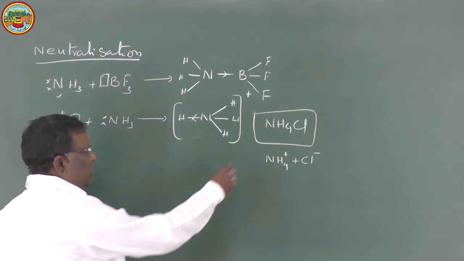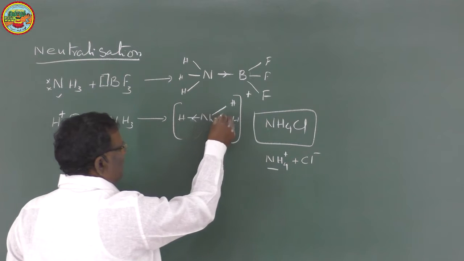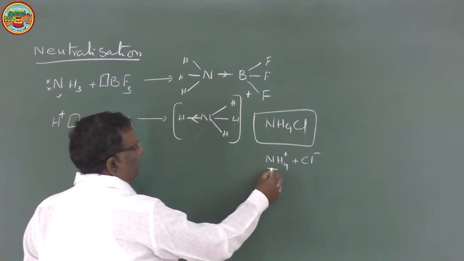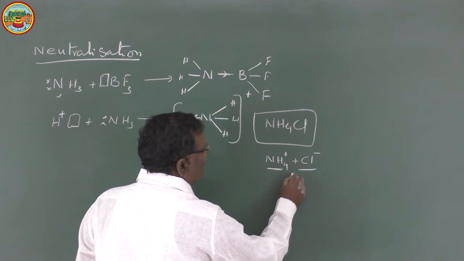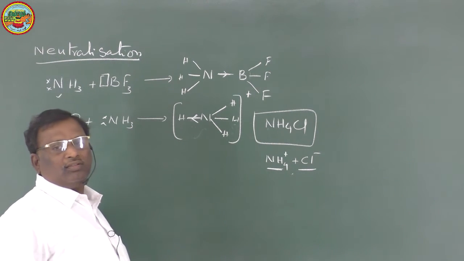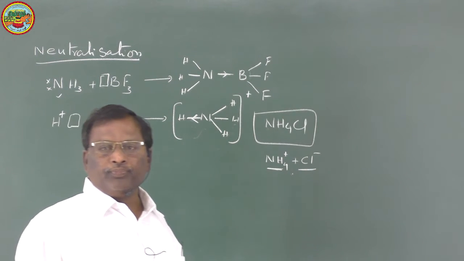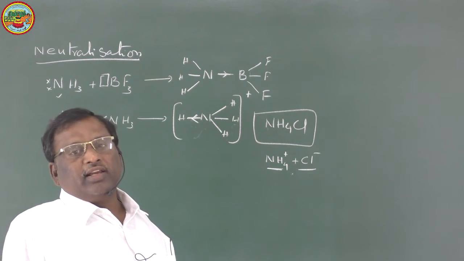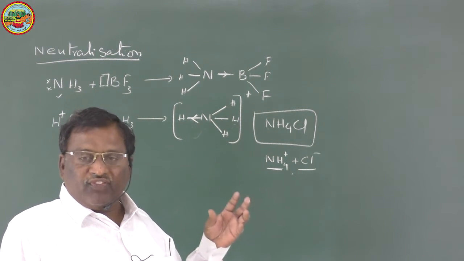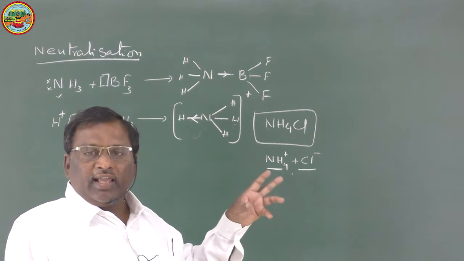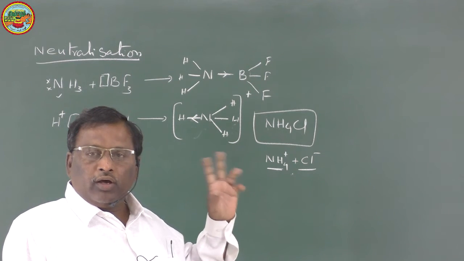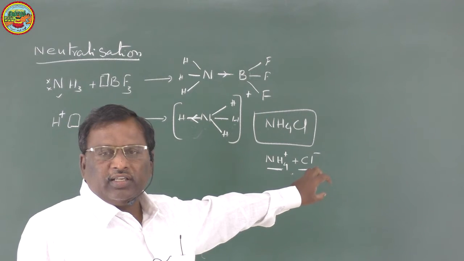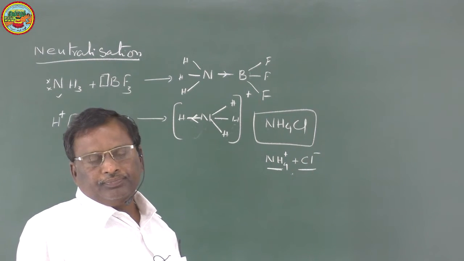So in NH4Cl, we have 3 NH covalent bonds and 1 NH covalent coordinate bond. Between NH4 plus and Cl minus, we have an ionic bond. We cannot call NH4Cl a molecule because it is an ionic compound. We can find 3 types of bonds: covalent bond, ionic bond and covalent coordinate bond. All three types of bonds are present in NH4Cl.